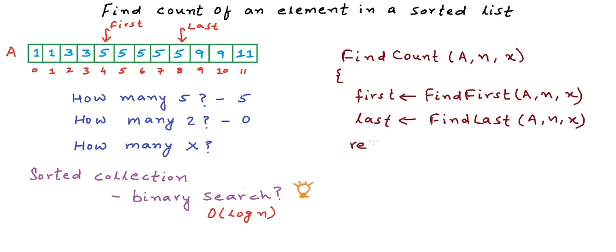Then we can return count as last index minus first index plus 1, and I'm not handling the case here when the element is not present in the array. We will handle it in our actual implementation.